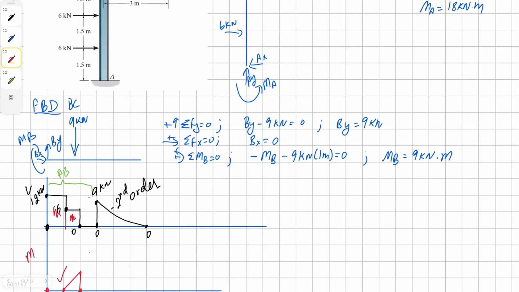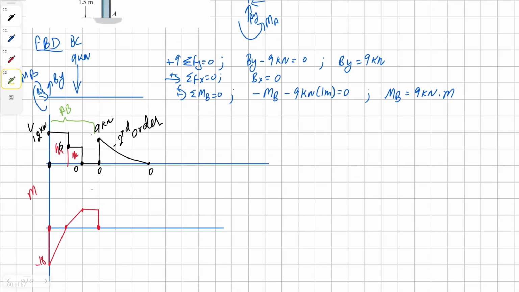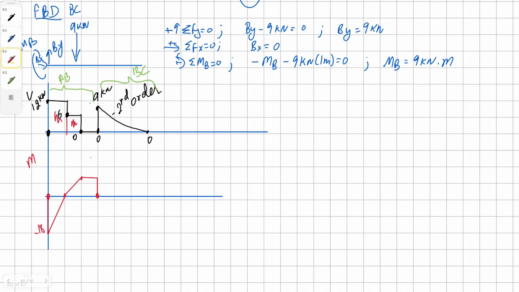And then we remain in place, and the only thing I did wrong is nothing's going to happen for 1.5 meters, and then we're going to come down to 0. All right. Okay, and then comes our section BC. For section BC, we have moment right away, and I'll do it in green so that it differentiates.